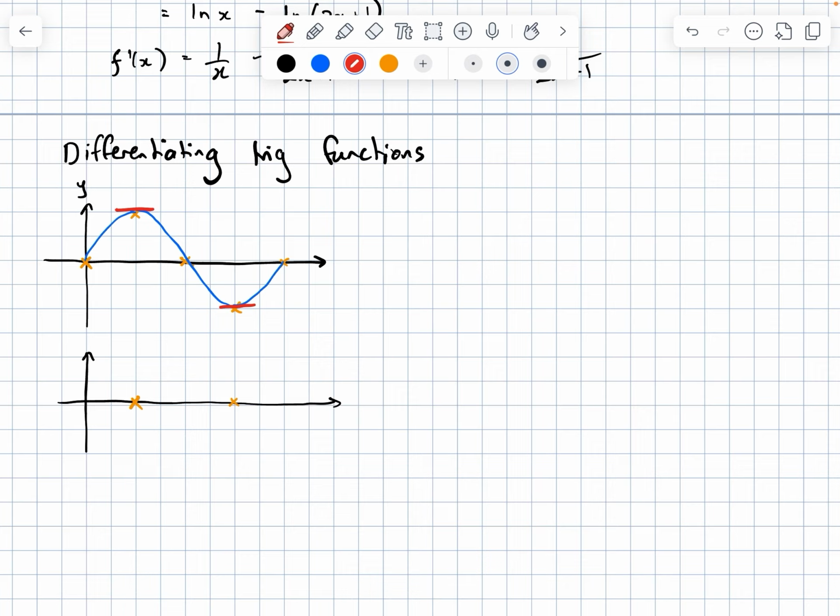We then look to see what's happening in the rest. Well, it's increasing there, decreasing there, and increasing there. At the origin, if we draw a tangent line, it really looks like the tangent's 1, and it is for this case.